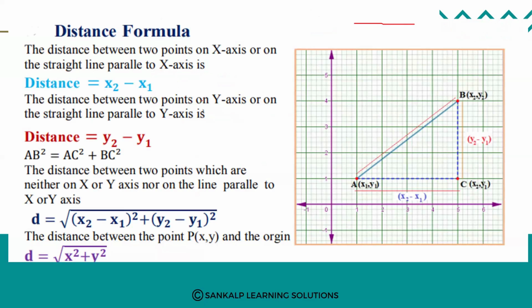Now, the distance between 2 points on the y-axis or on a straight line parallel to the y-axis. If there is a line parallel to the y-axis, there is a point here and a point here. This is point A, this is point B. We have to find out the distance from this point to this point. Then see, this is y2 and this is y1. So it becomes y2 minus y1, right?